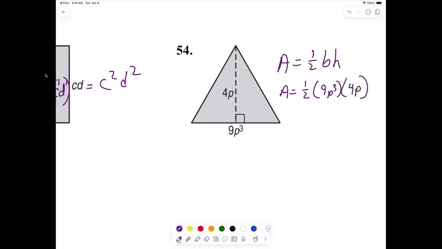Yes, multiply that, please. 1/2 times 9 times 4. It'd be easier to do half of 4. What's half of 4? Times 9. 18. How many p's altogether? 18 times p to the 4th. Yes, that's your answer. 18p to the 4th.